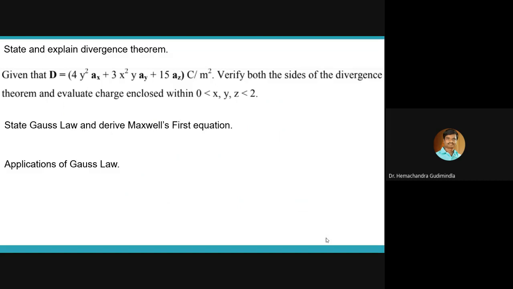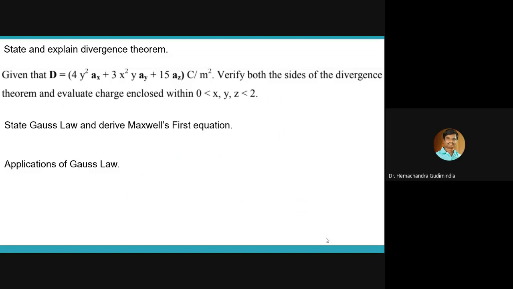After that, based on the divergence theorem, we will discuss one numerical, the Gauss law statement, and Maxwell's first equation, how we derive it from the Gauss law, and finally the applications of Gauss law. In these applications, there will be a point charge, line charge, surface charge, and volume charge.